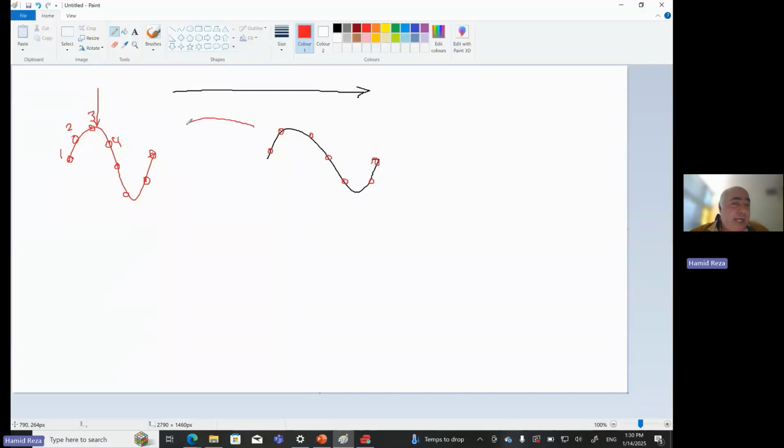Then when you get the error between these two, although you know they are similar, you get some error value, okay?